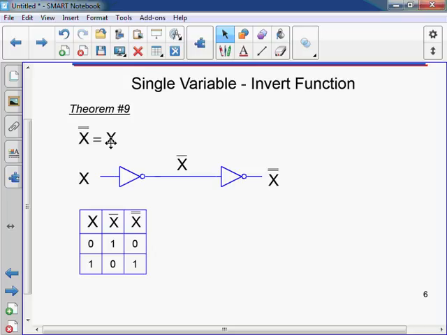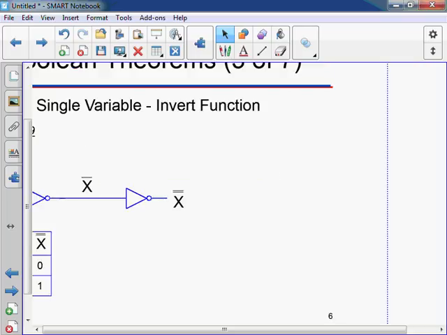Basically, if you invert your signal twice, you will get exactly the same signal out. So this is how it works. You put an x through the inverter, it becomes a not x. You put a not x through the inverter, it becomes an x. But when you look at the truth table, the not not x is just x itself. So that's pretty straightforward.